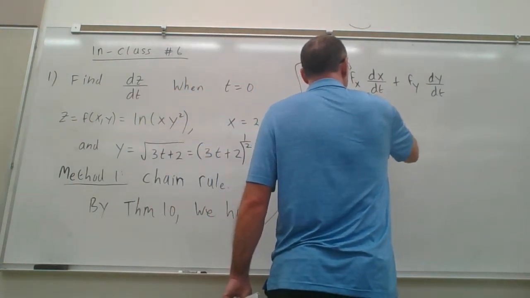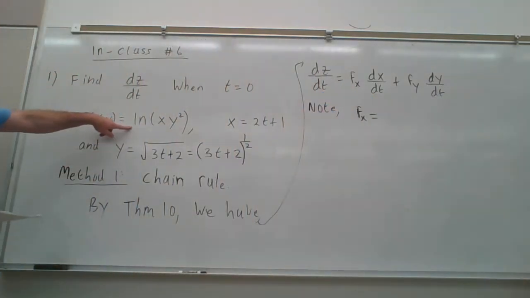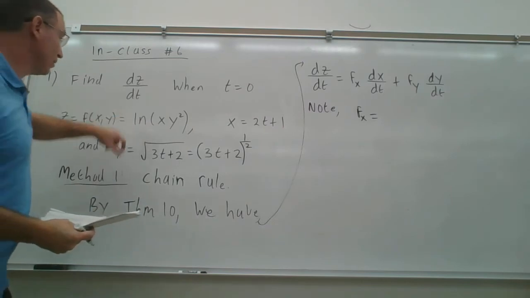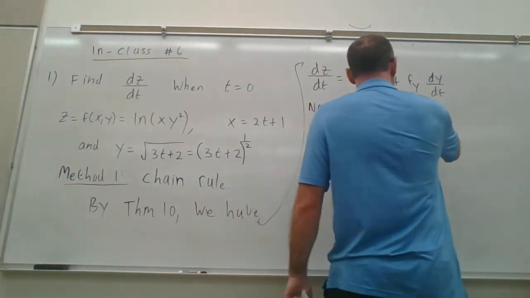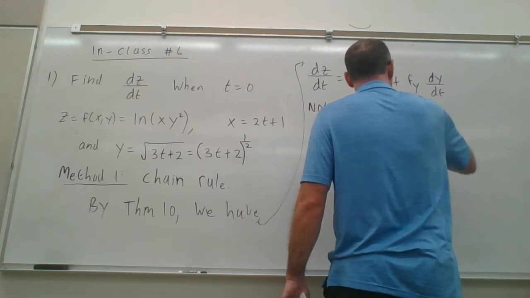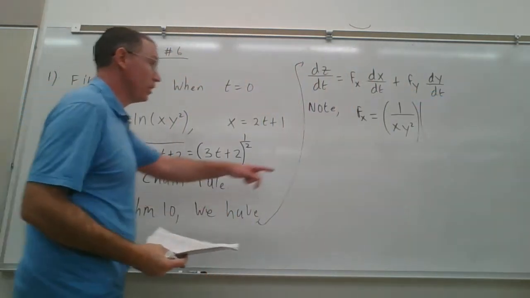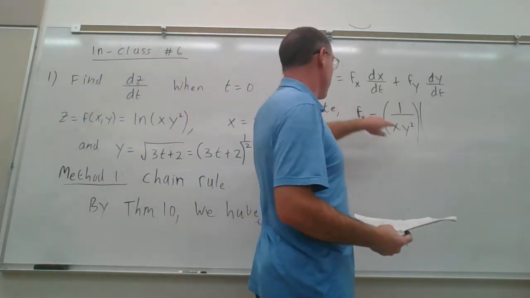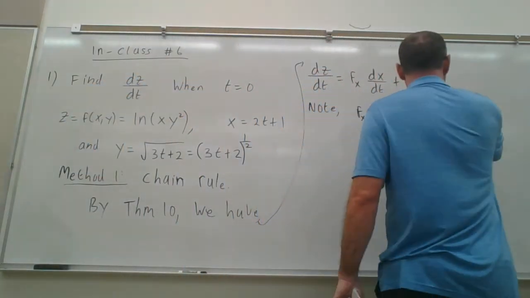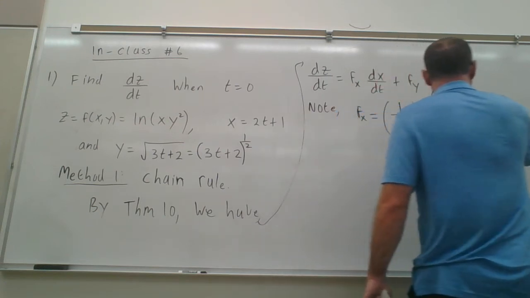Note that partial derivative with respect to x, so here's my f over here, so it's the derivative of the ln, so it'll be 1 over x y squared times derivative of the inside, so of the x y squared with respect to x, so the y squared. The y squareds cancel, you just get 1 over x.